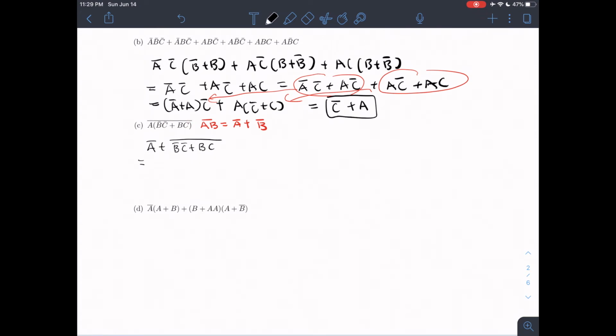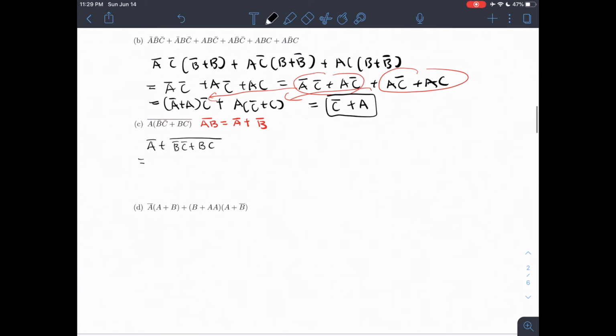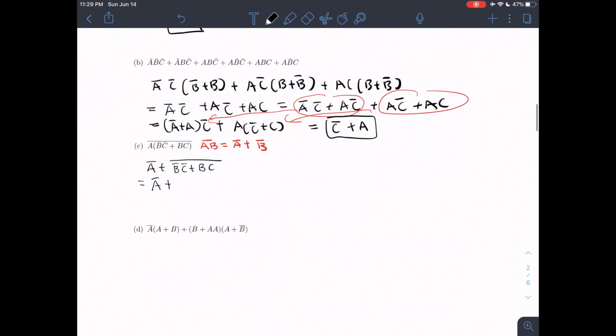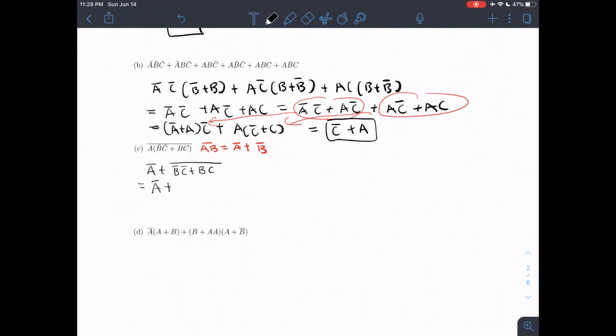This is going to be equal to not A plus, and once again, we're going to use De Morgan's law to separate this out, this time of the OR form. So I'm going to write the law down here.